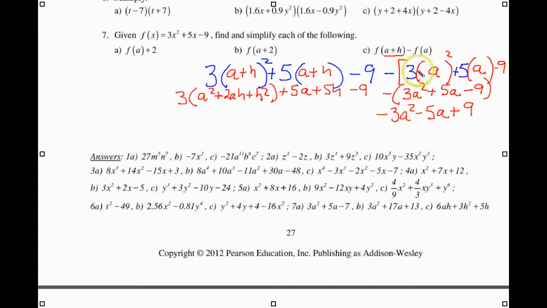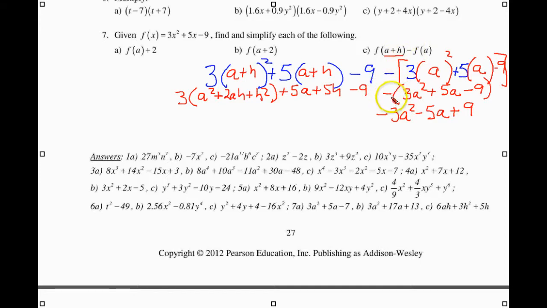So let's follow this down here a little bit. So this becomes 3a squared plus 5a minus 9. I guess we should have a little bracket over there that I now change to a parenthesis because there's a negative sign out in front.